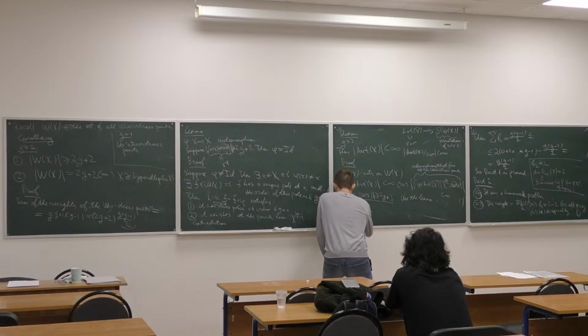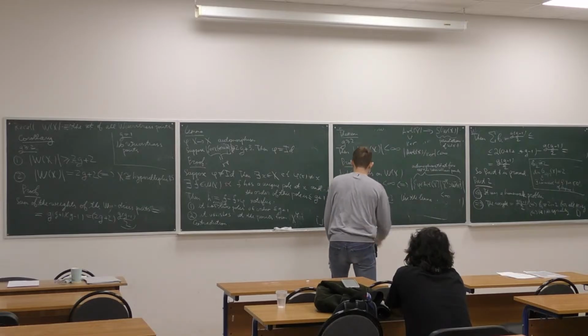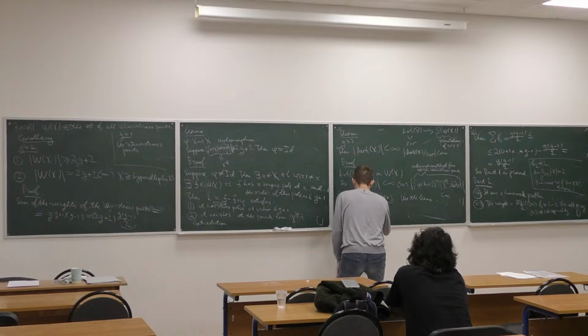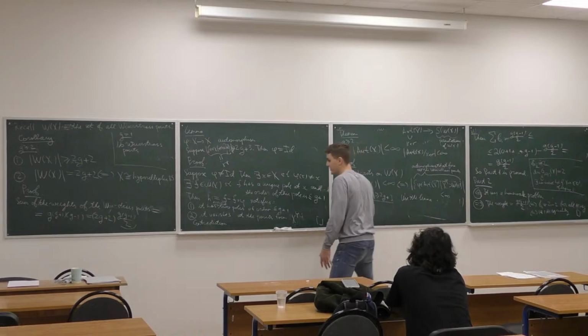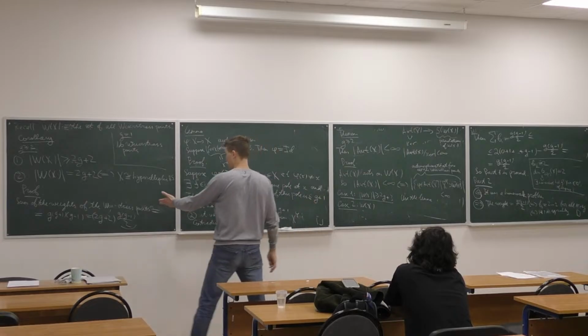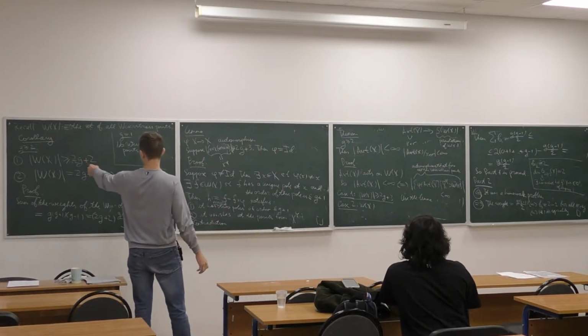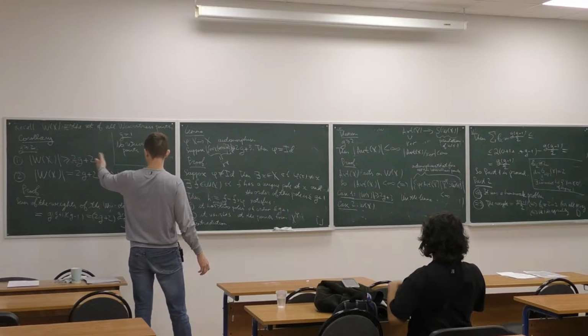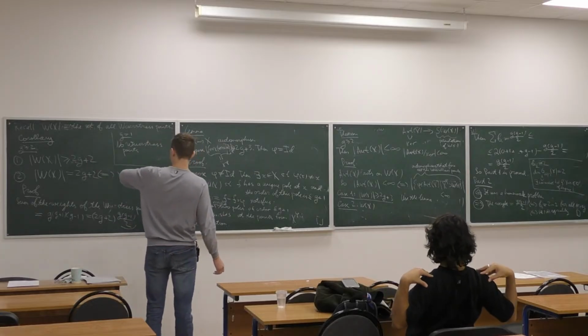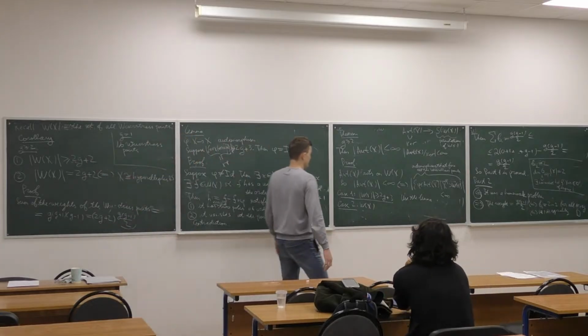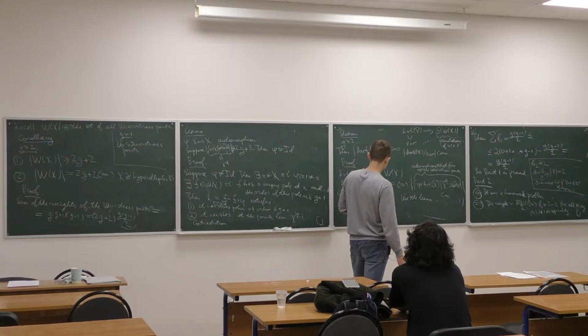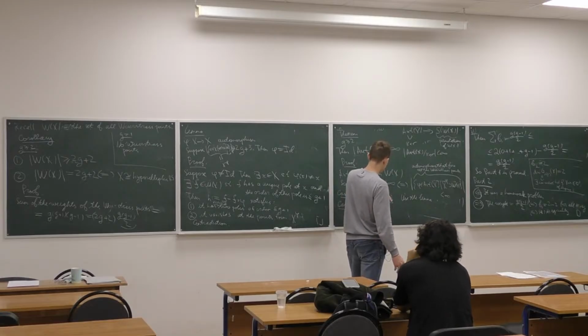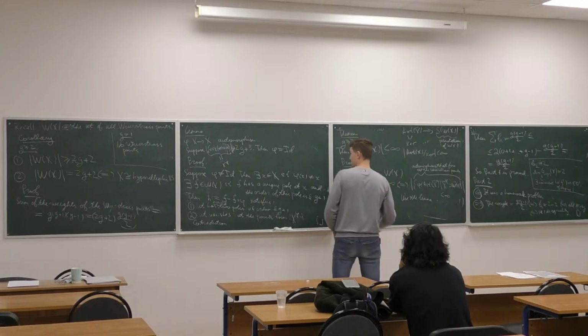And case two is when you know that there are at least 2G plus 2 Weierstrass points. The case when the number of Weierstrass points is greater than 2G plus 2 we did.